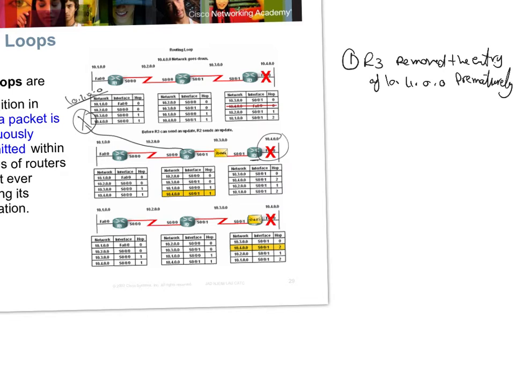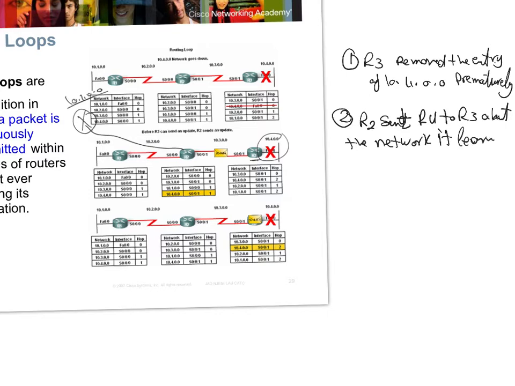Number two, R2 sent a route update to R3 about the network it learned from R3.